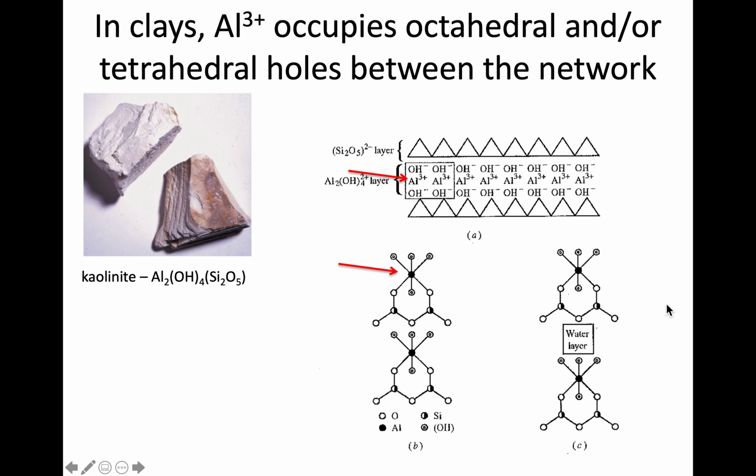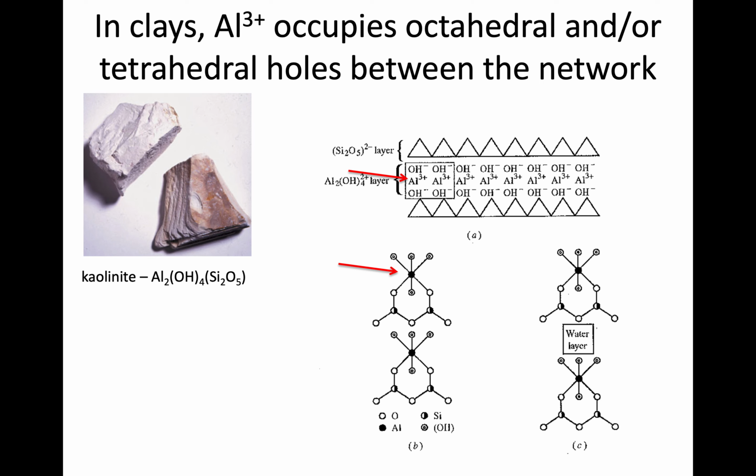In this case, the aluminum 3 plus can occupy either the octahedral or tetrahedral holes in the network. So it acts as a loose, free ion in this structure. It's not connected to the Si2O5 layer, which is the sheet. It's in between.